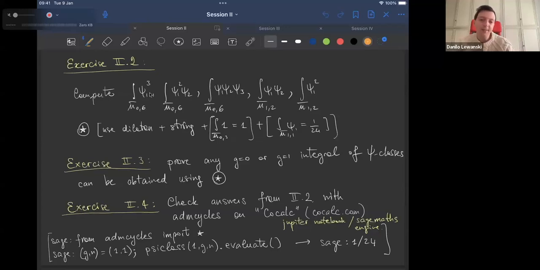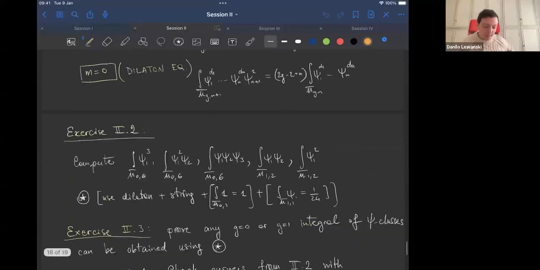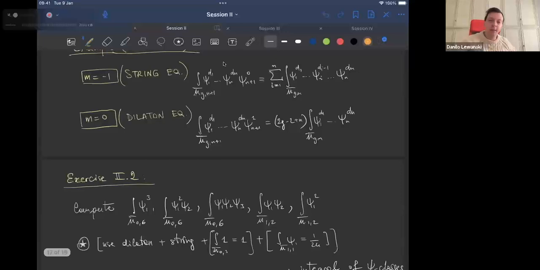By computing these examples, it's very nice the first time you do it, because it makes you realize that the string and dilaton equations are extremely useful. Here you always have some power of psi class that is either 0 or 1, and therefore you can always use either the string or dilaton equation to make them simpler. So you just turn these integrals into simpler integrals until there's one that you recognize that you computed before, or you keep going until you get the trivial one.